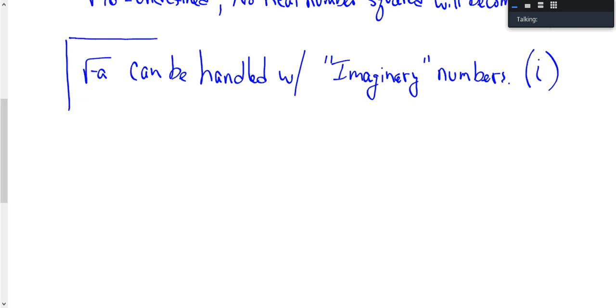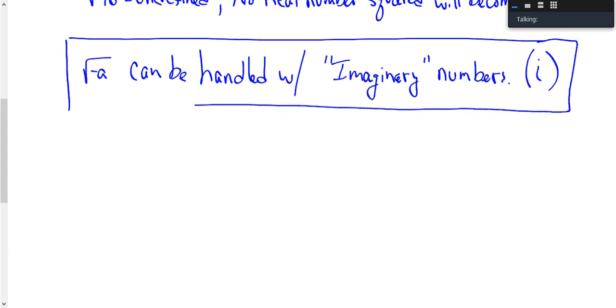Let me just box this in because that's kind of important. So if I was to graph a function, like some kind of quadratic like this, hopefully you guys know from algebra that the zeros of the function, where it hits the x-axis, where y is 0, those are the solutions, right?